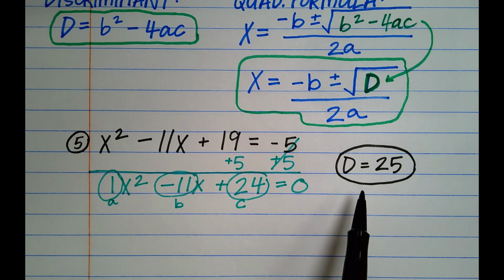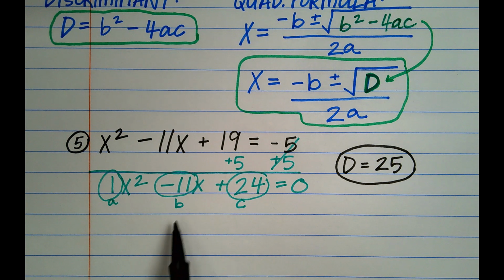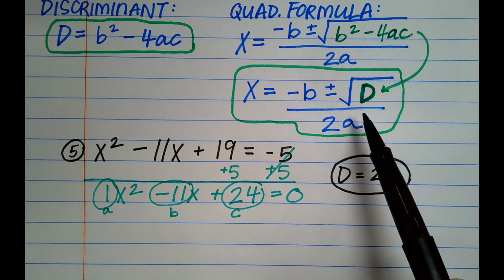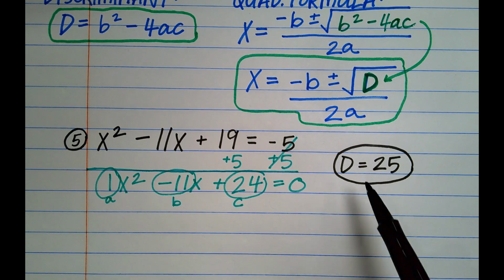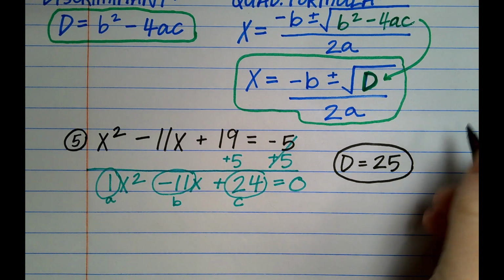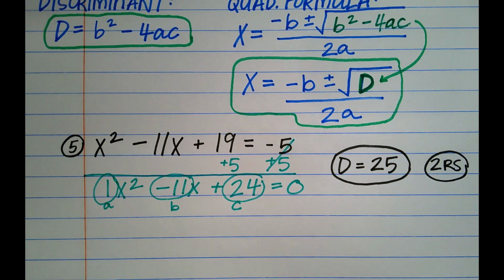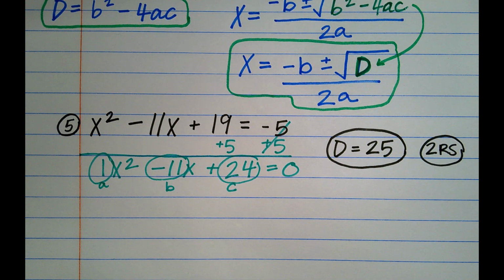So now we have a discriminant and we still have our values of A, B, and C. Let's try using this second version of the quadratic formula and see how long it takes us to find our answers for x. Now because our discriminant is positive, how many x's will we find? 2. There are 2 real solutions, like we said earlier, because it's a positive number for our discriminant.